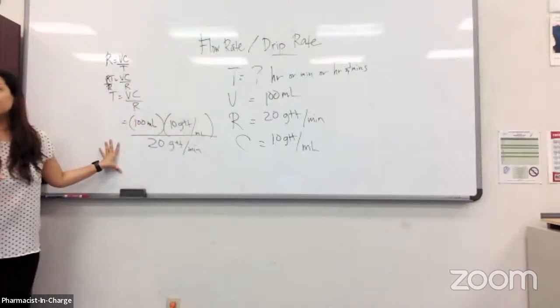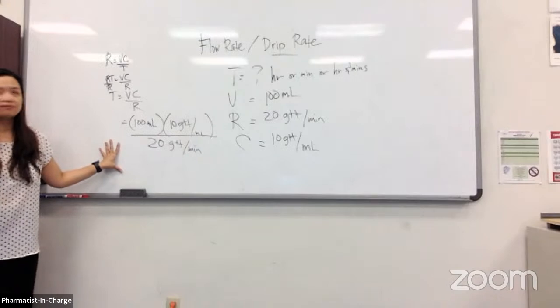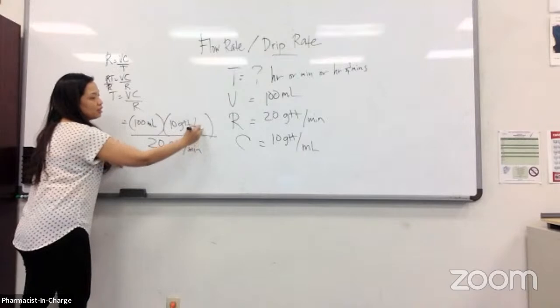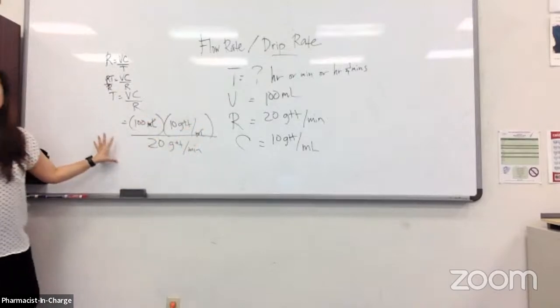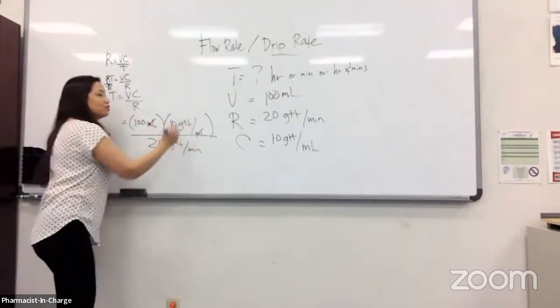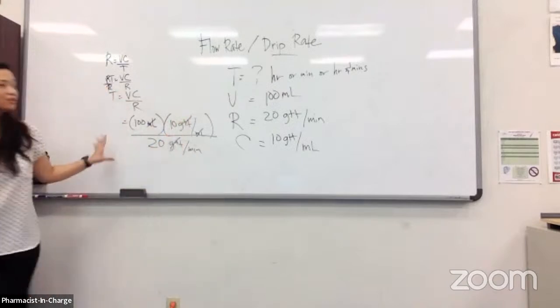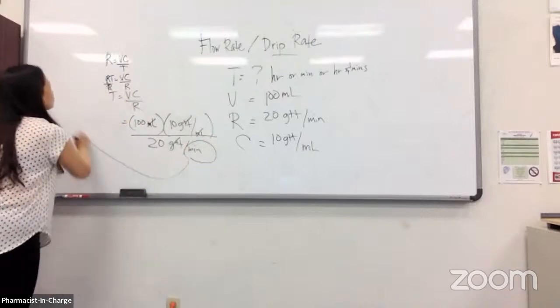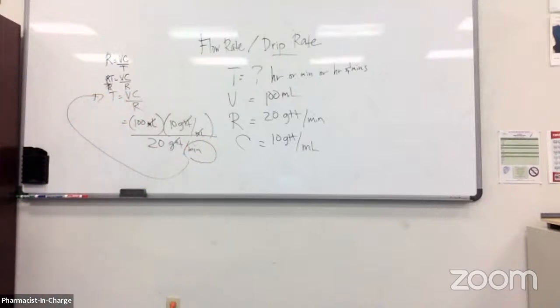I always do. You know why? I can see what's missing. Look at this. This is ml in numerator. This is ml in the denominator, which means I can cancel this, correct? This is drops in the numerator and this is drops in the denominator, which means I can cancel it, which means I'm left with minutes, which corresponds to time.